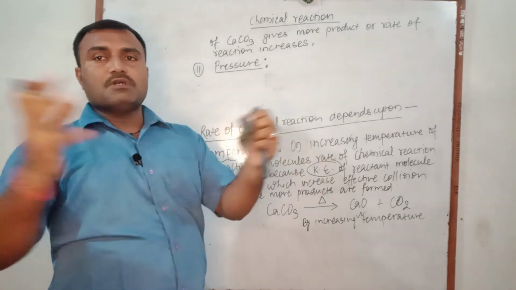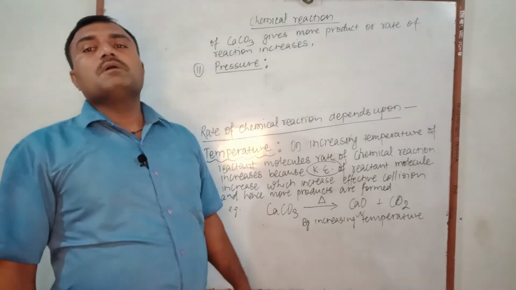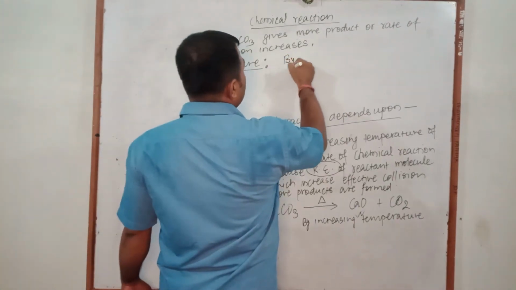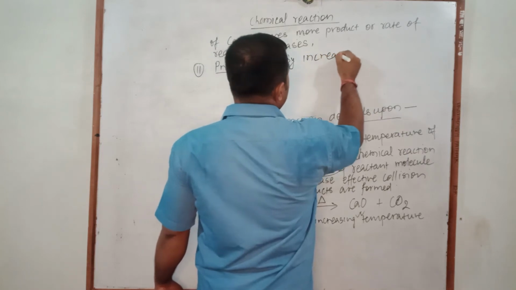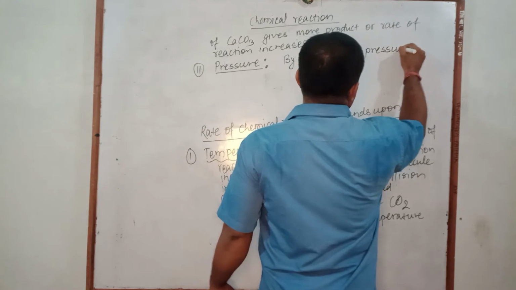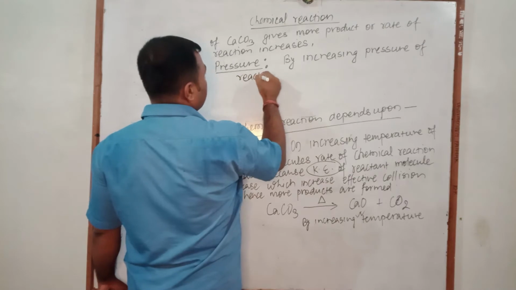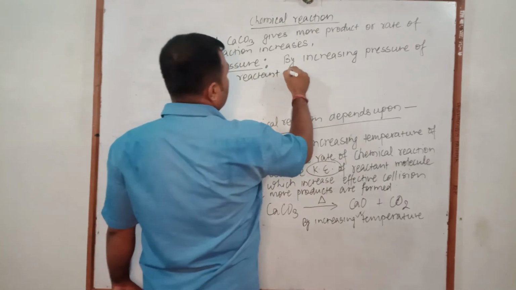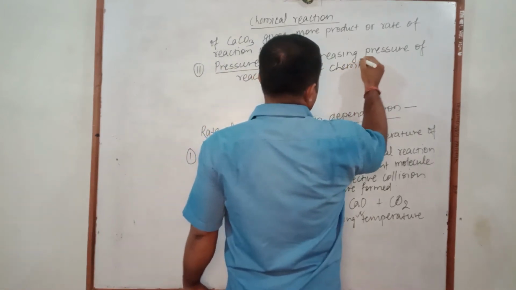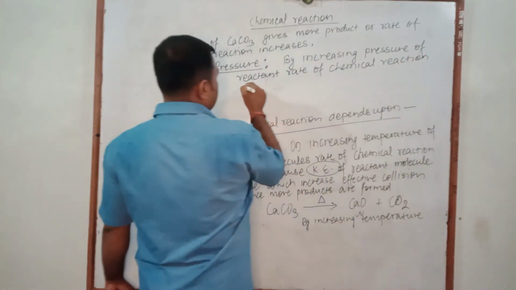When a reactant collides several times, any collision may become an effective collision to give product. And here we write: by increasing pressure of reactant molecules, the rate of chemical reaction increases.